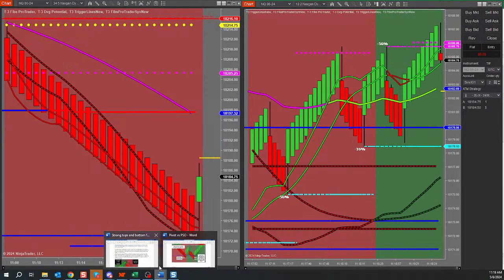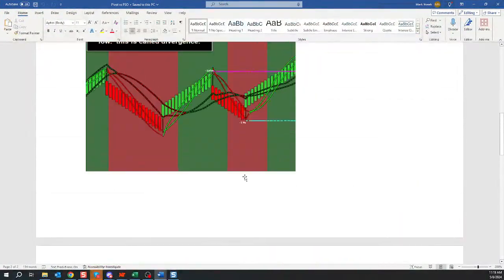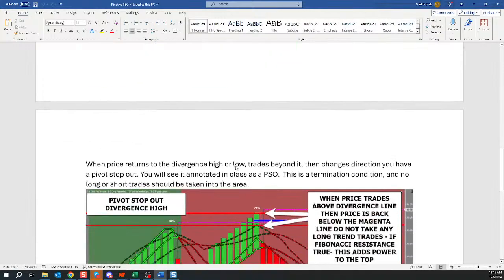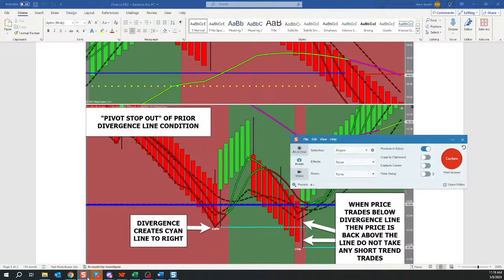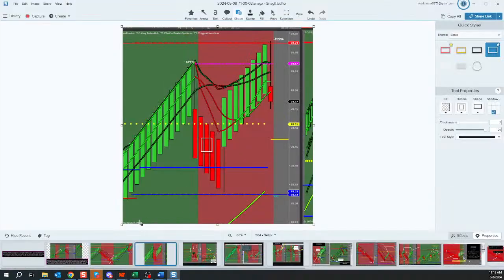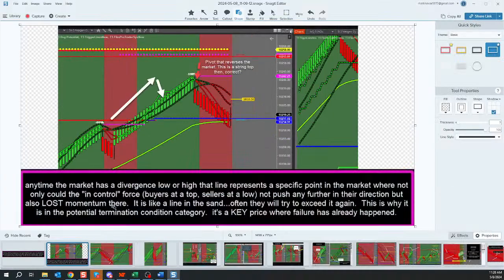That's where people get a little caught up: it's not the creation of the line that creates the termination condition, just like you said. It's when price reaches that actual line and the trigger lines stay above. Does that help, Kenny? So when we go back to your picture, we won't call it a strong top because it never had the chance to be a termination condition. That is an awesome lesson, and thank you, thank you, thank you.